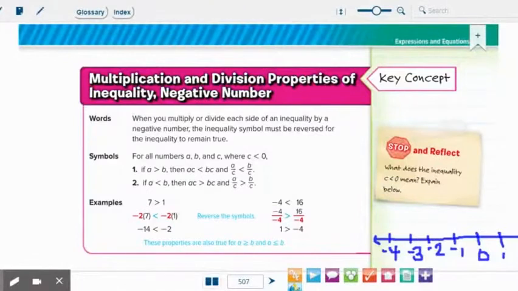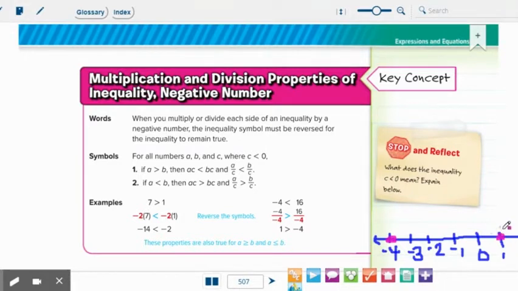Let's look at the next example. -4 is less than 16. If we divide both sides by -4, let's see what happens. -4 divided by -4 equals +1. +16 divided by -4 equals -4. Let's graph this on a number line. Here's -4. Here's +1.